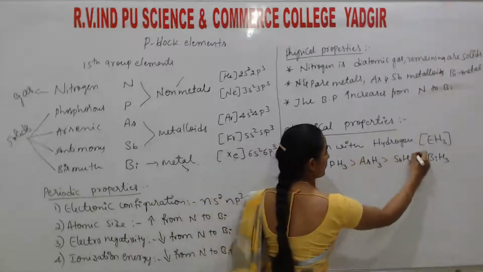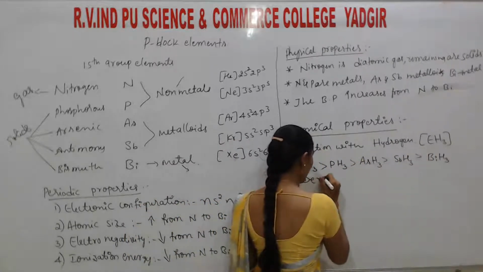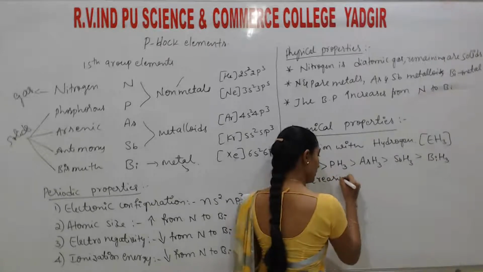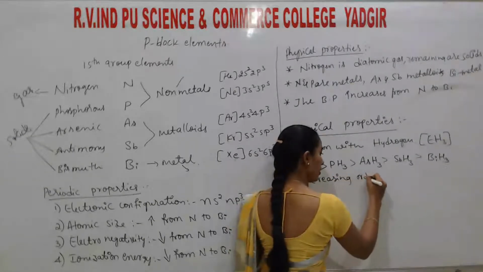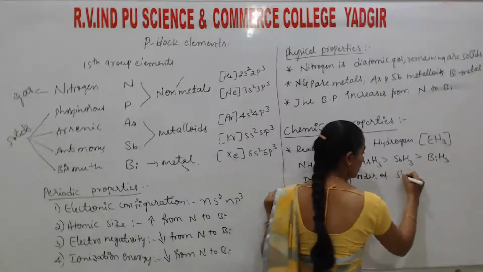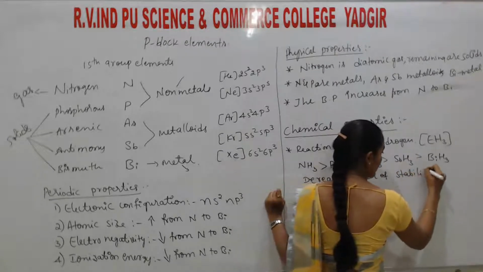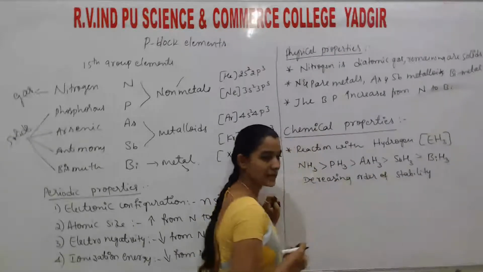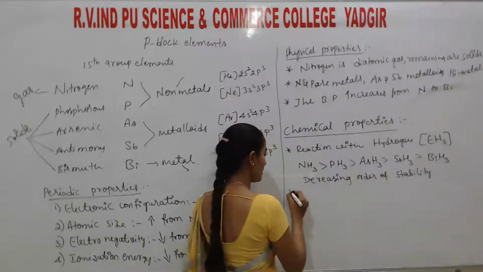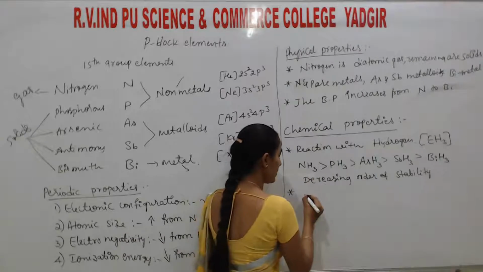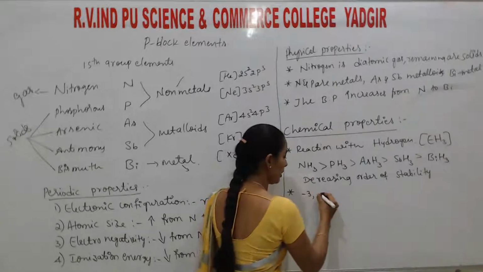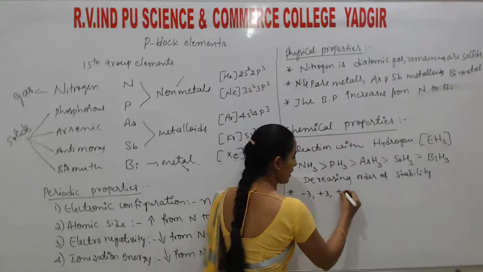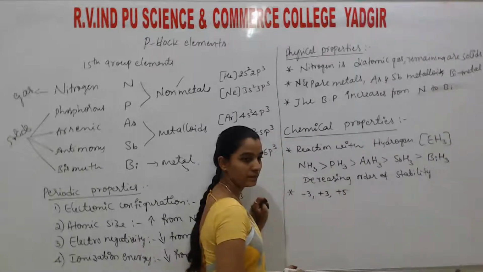This is the decreasing order of stability. Means this one is highly stable, this one is less stable. Why? Because listen, students, these can exhibit the oxidation states -3, +3 as well as +5.